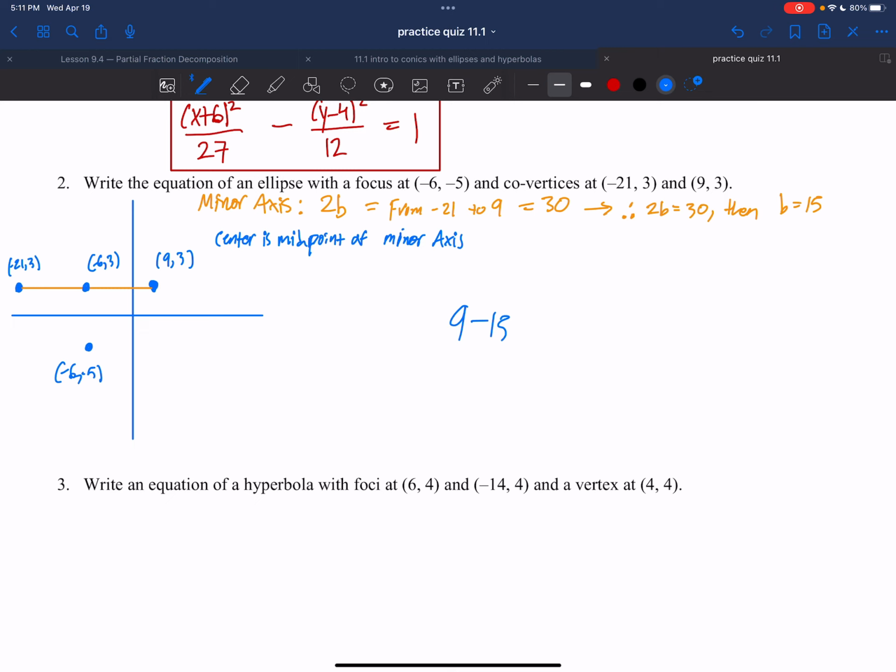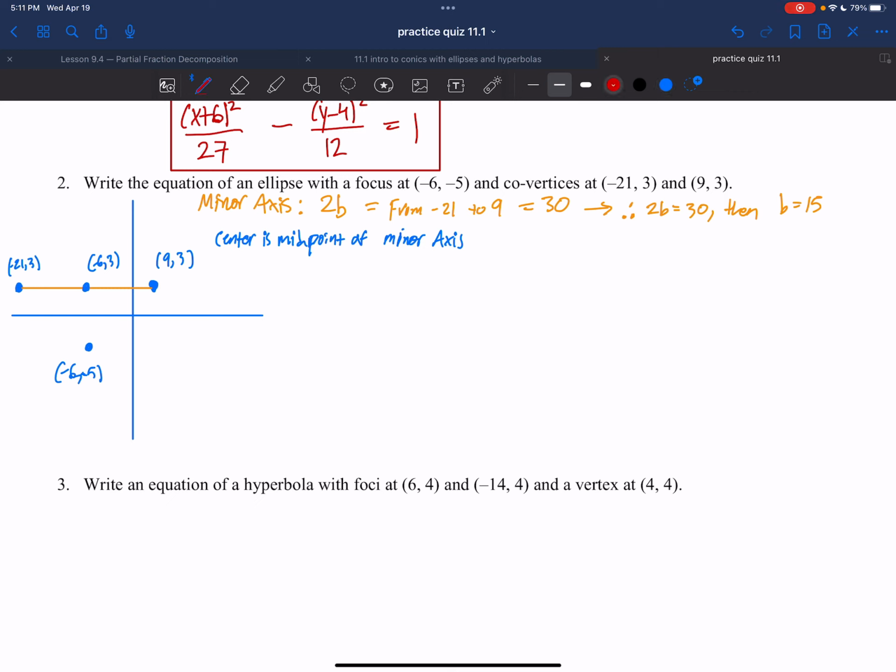Or you can do negative 21 plus 15 and also get negative 6. Or if you really are thinking about this, you already know that the focus is here. So since those are the co-vertices, the major axis is here. So if the x value is negative 6 on the focus, then the x value should be negative 6 on the center, because that's where the major axis is. So there are multiple ways you can find that negative 6.